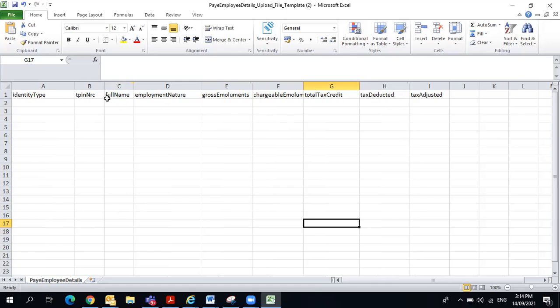These narrations on top: identity type, NRC, full name, employment nature, gross emoluments. Don't get rid of them, because the moment you get rid of them, it destroys all that you are trying to do. It will fail to populate. So once you type in all the information, all you need is to save it, and then you upload it on the system. I'll just show you how that is done.